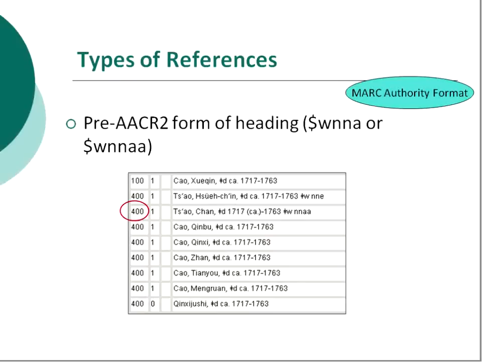So according to the guidelines, nowadays we do not trace a reference from the old catalog heading, but you will see the 400 which are coded under WNNA or WNNAA form. Okay, so keep in mind we no longer make such a cross-reference from the old catalog form.